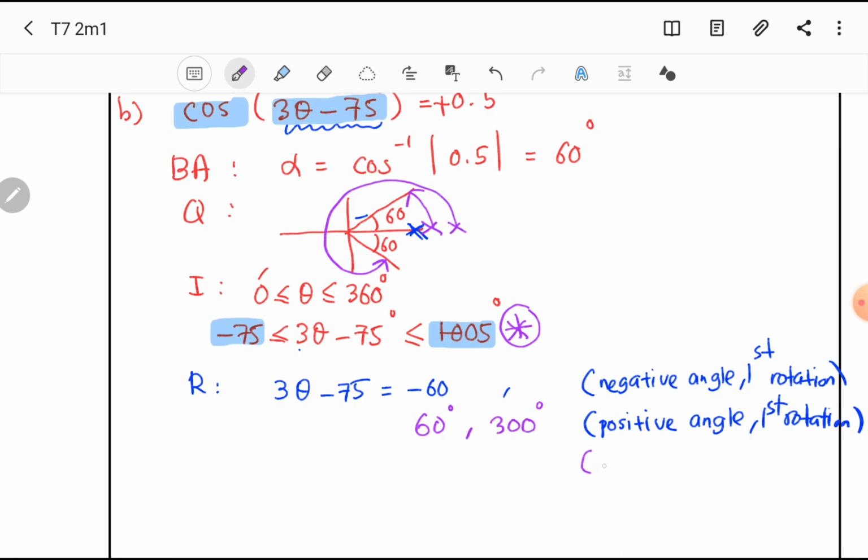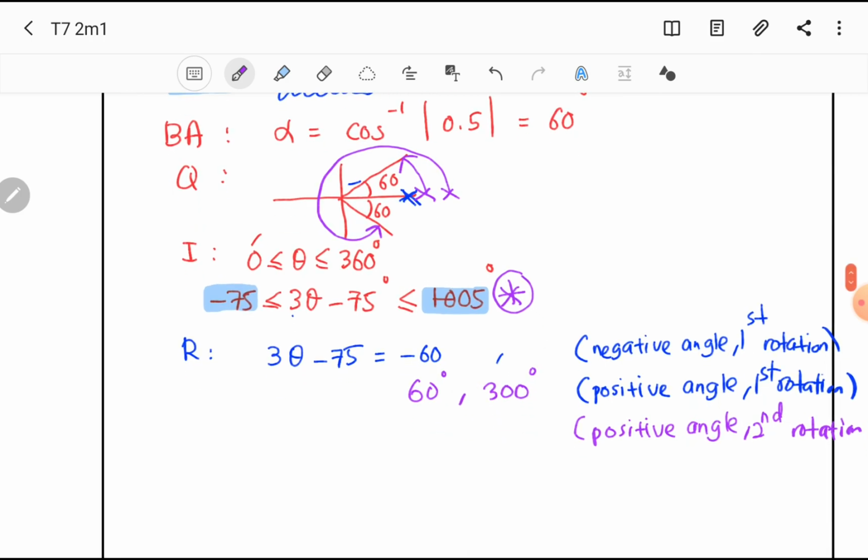So, we consider the positive angle, still the positive angle, but the second rotation. Okay, so for second rotation, senang je. Awak ambil je nombor ke atas tu, 2 nombor ke atas tu, awak kena tambah 360. Katalah third rotation, lagi tambah 360.